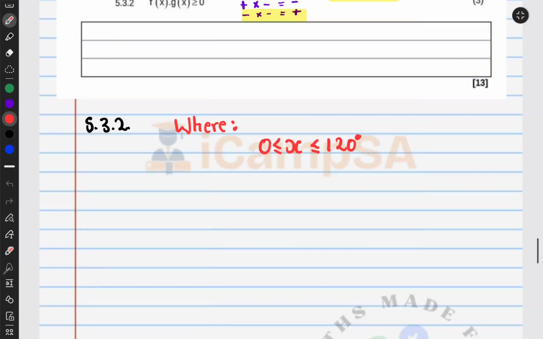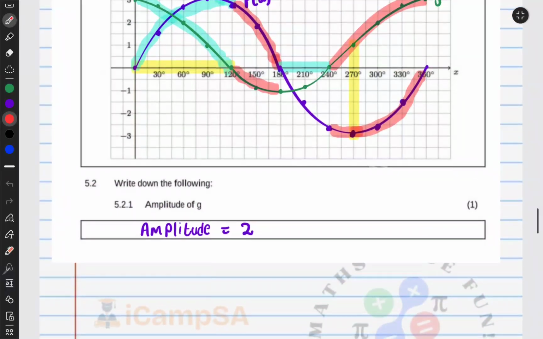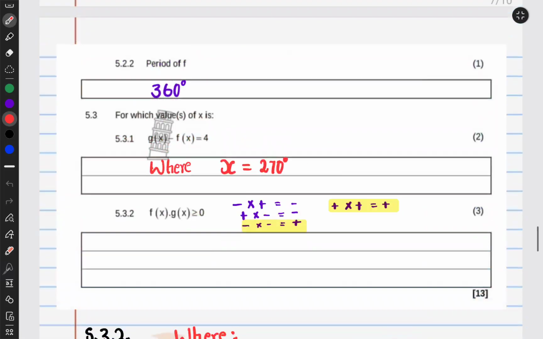Where x is greater or equal to 180 degrees but less than 240 degrees.